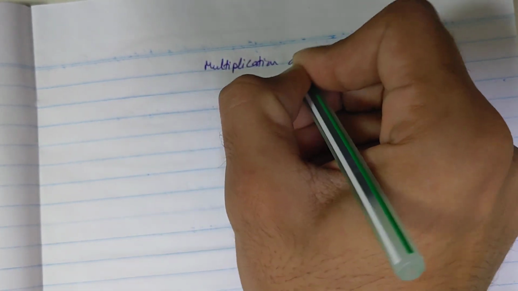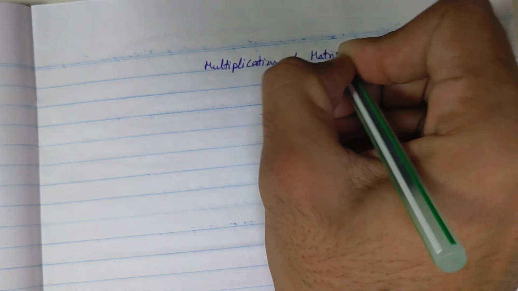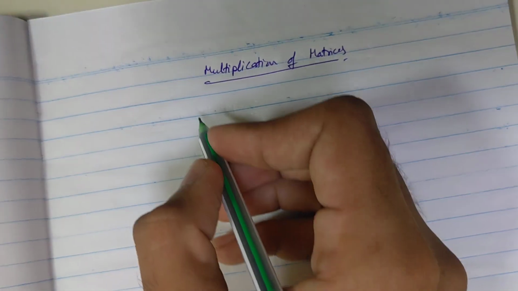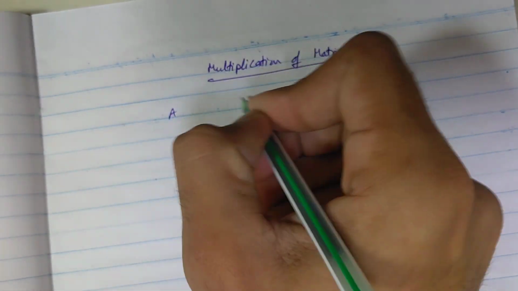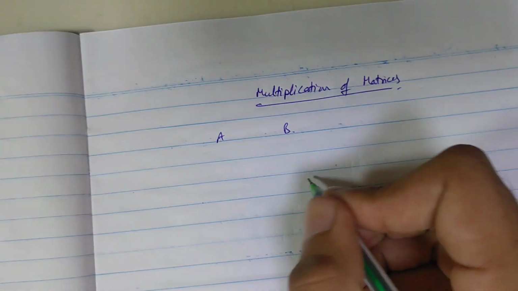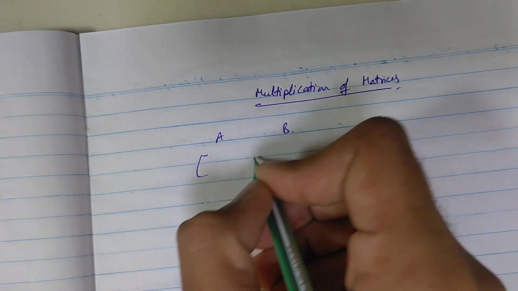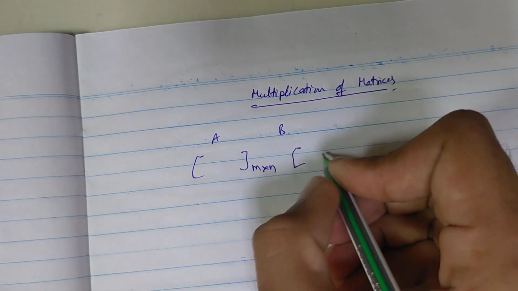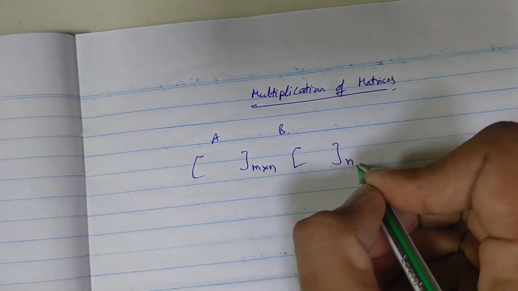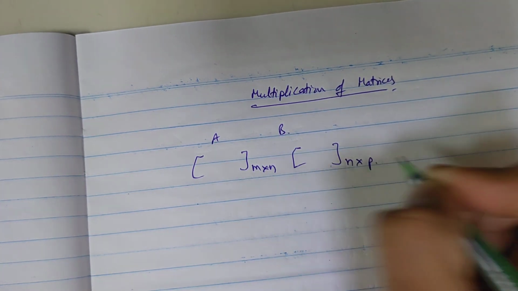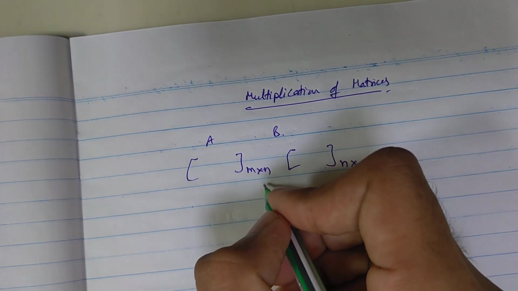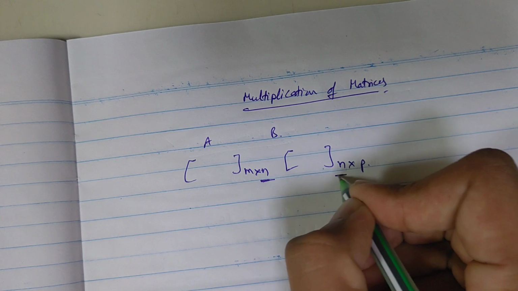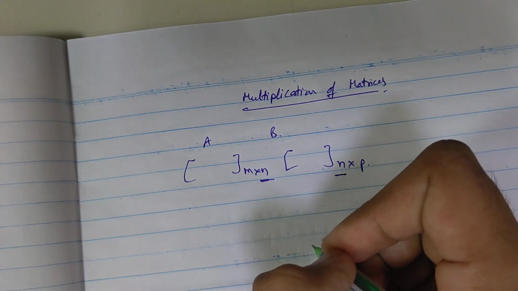So we have two matrices A and B. They are of the form M by N, and B is of the form N by P. The important thing is that the number of columns in A and the number of rows in B must be the same.